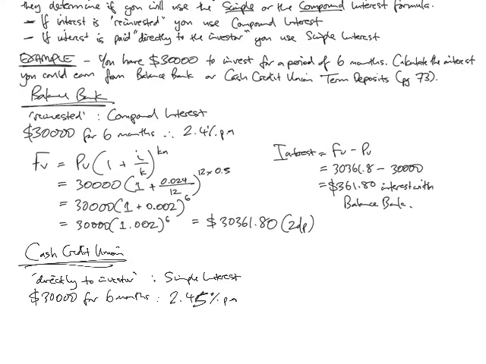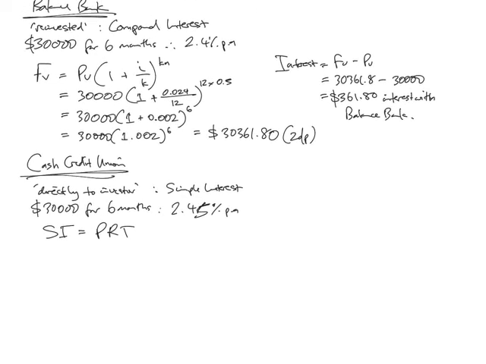So now we're using the simple interest formula. So SI is equal to PRT, which is going to be 30,000 times the rate, 0.0245, which is 2.45% as a decimal, times the time in years.